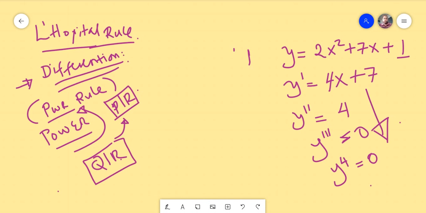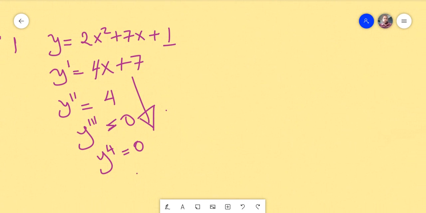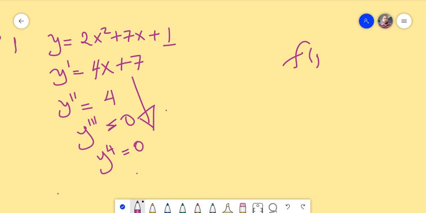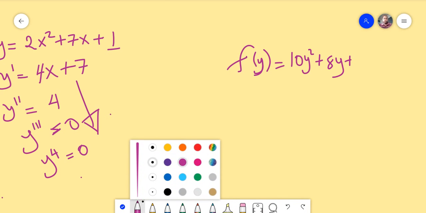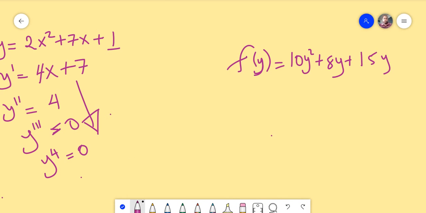So let's have another one. Power rule differentiation is basically the most simple way of differentiating. So let's have f of y equals 10y squared plus 8y plus 15y cubed minus 100.